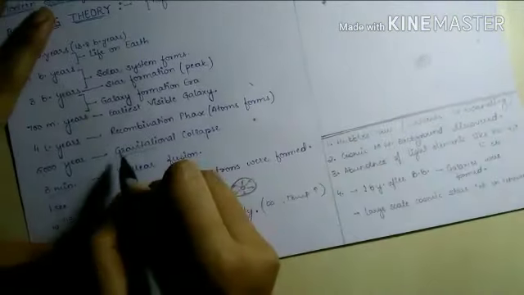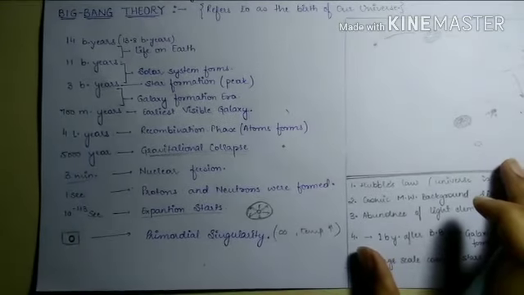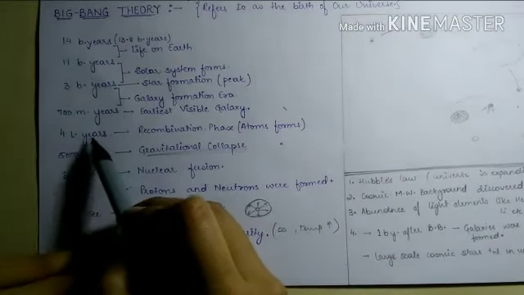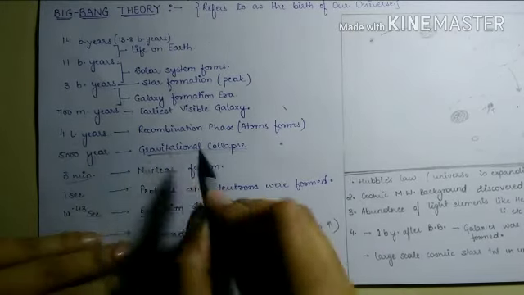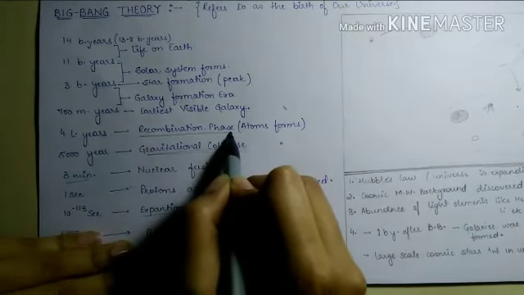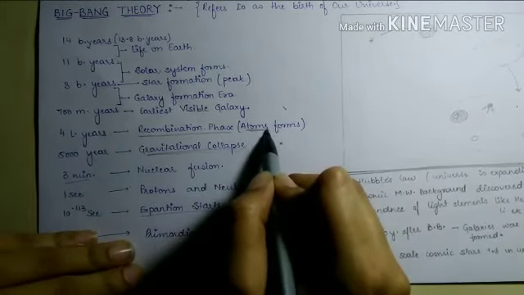So gravitational collapse started after 5,000 years. And after 4 lakh years, the recombination phase started, which was responsible for the formation of atoms.